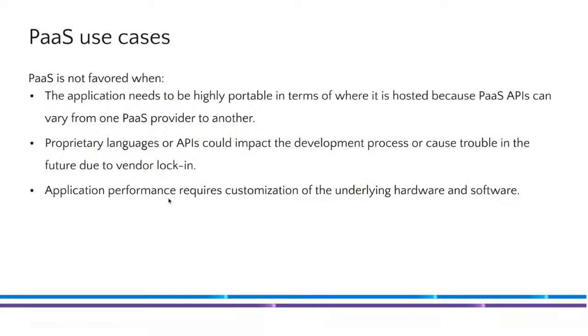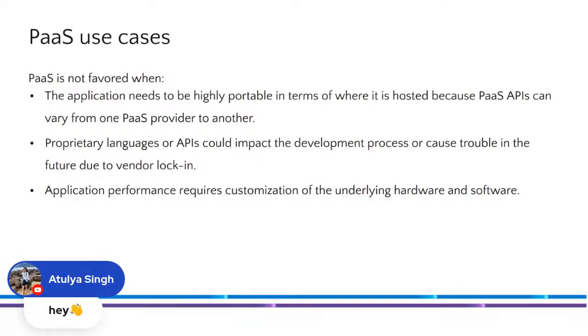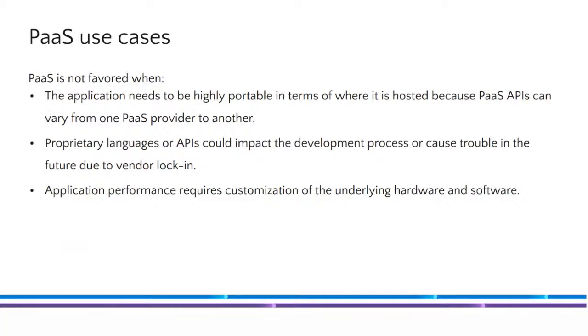So PaaS is not favored when we need a highly portable solution in terms of where it is hosted, because PaaS APIs can vary from one PaaS provider to another. Now, proprietary languages or APIs could impact the development process and could cause trouble in the future due to vendor lock-in.